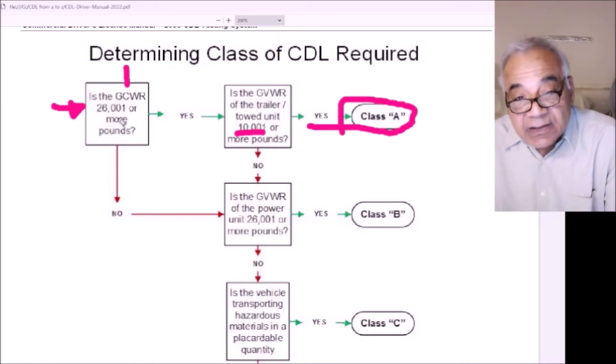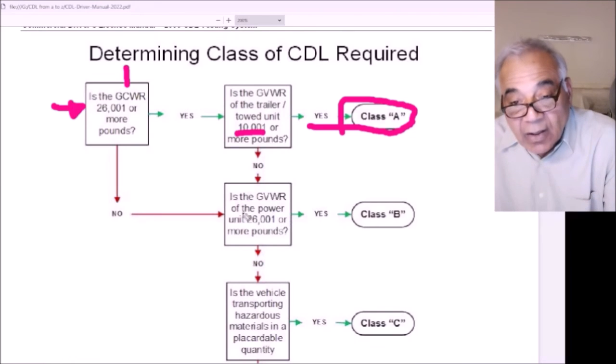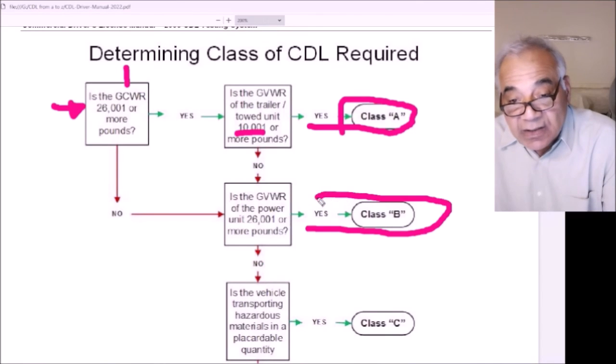If they are 26,000, but your trailer is under 10,000, then you have another test. If the power unit only, the power unit, which means a straight truck, is over 26,000, your trailer is under 10,000, then you need Class B. So the difference between Class B and A is the trailer only, under 10,000.